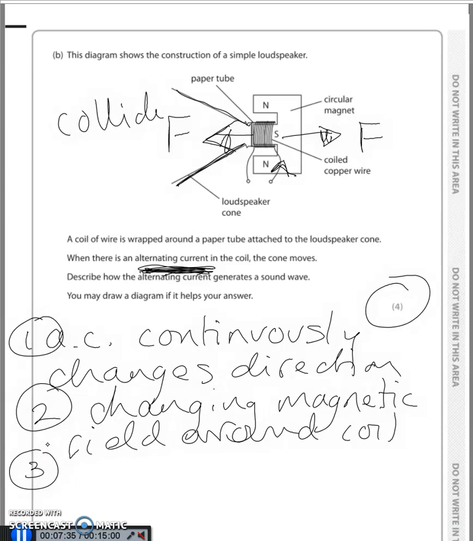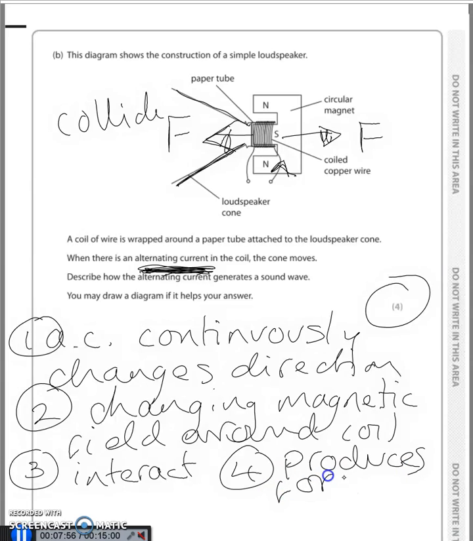Number 3, just like in the first part, you could have that the two magnetic fields now interact, the changing magnetic field around the coil and the magnetic field from the actual magnet. Then you could also have that this produces a force that changes direction as well.